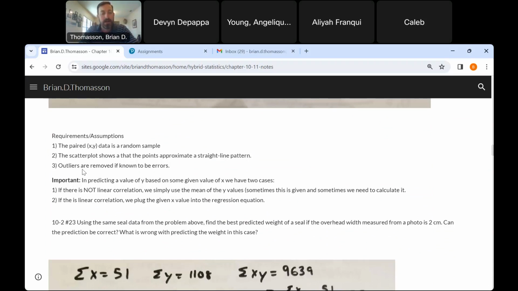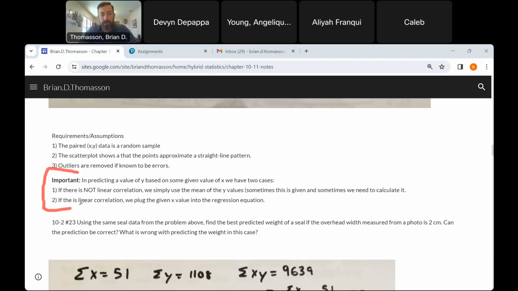All right. And then this is important. This is where the issues occur in this chapter, and I'll emphasize this a couple times. If we're going to try to predict some value of y based on some value of x, in other words, a seal's weight based on some picture width, we have two cases, and the two cases depend on whether we have linear correlation or not.